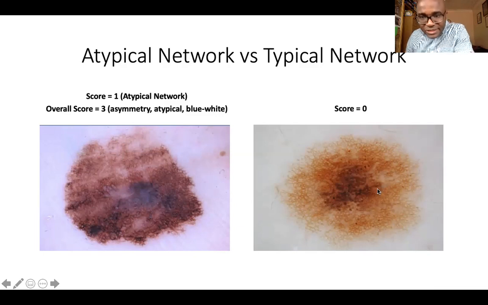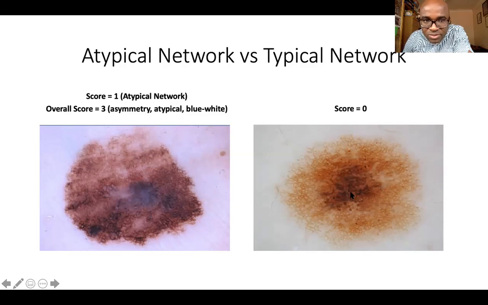With this lesion, which is a benign melanocytic nevus, networks are typical. Okay, the network is typical, so there is a surrounding reticular network around the peripheries, light brown. It's quite uniform. There are globular dark structures in the middle, quite uniform.